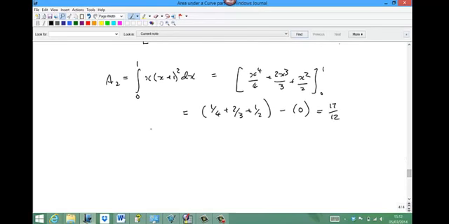So the total area is equal to 1/12 plus 17 over 12, which is 18 over 12, or 3 over 2 square units.